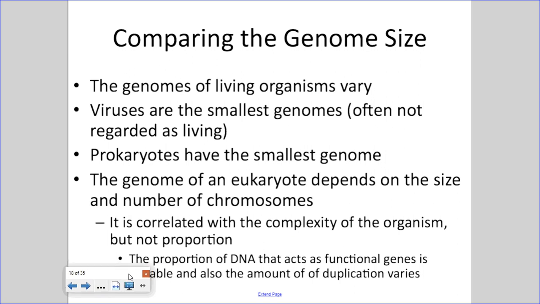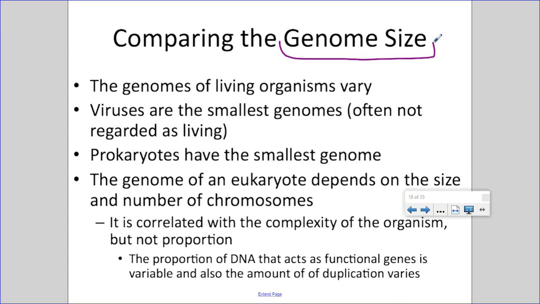So once we have all those chromosomes figured out in terms of length and size, we can now get down to comparing genome size between different organisms. The genomes of living organisms will vary. Viruses have the smallest genomes, but in IB they're not regarded as living. So IB does not consider viruses to be living things.